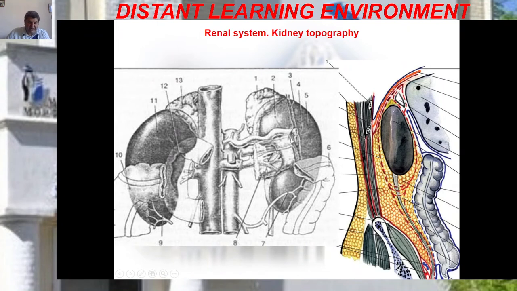The lateral margin is convex, you may see it here, while the medial margin has a concavity in the middle and faces not only medially but slightly downward and to the front. The middle concave part of the medial margin contains the hilum of the kidney.